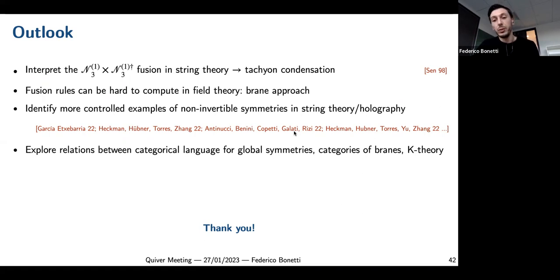And finally, we could also entertain more speculative but more general questions. For instance, what has appeared to be the case in the past years is that the best language to describe generalized global symmetries is categorical in nature. But on the other hand, the language of categories has already been used very successfully to describe the physics of D-branes in string theory.